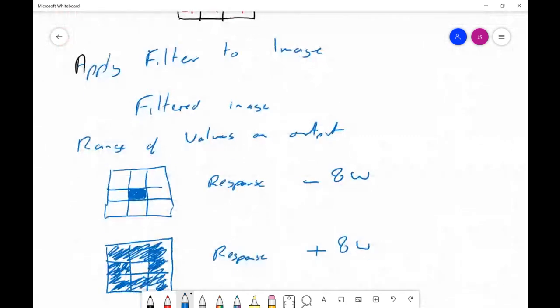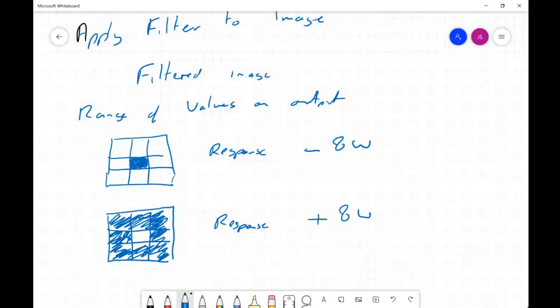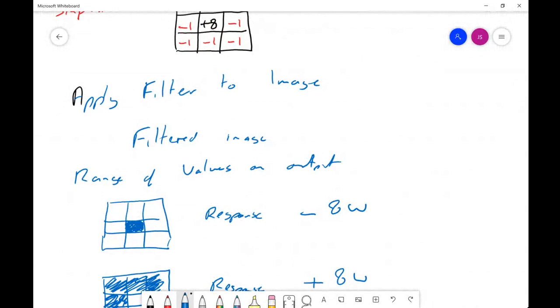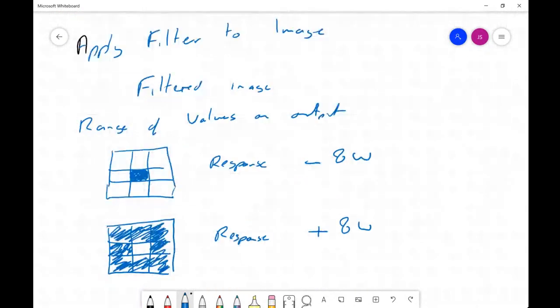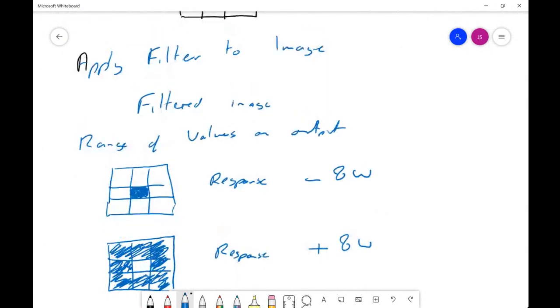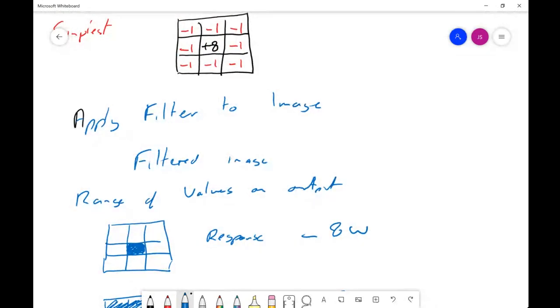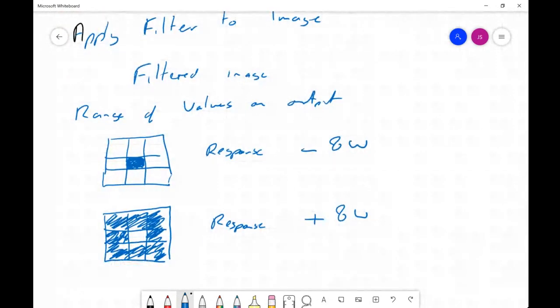Why? Because the outsides are black, 0, times -1s will all give me 0. The center is white, W. It's weighted plus 8. It gives me 8W.